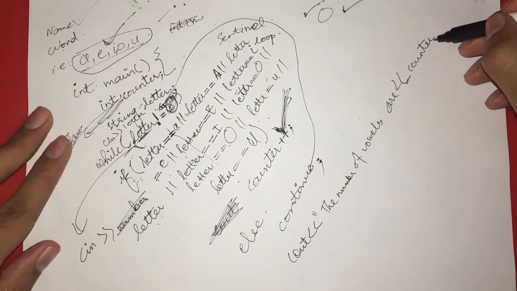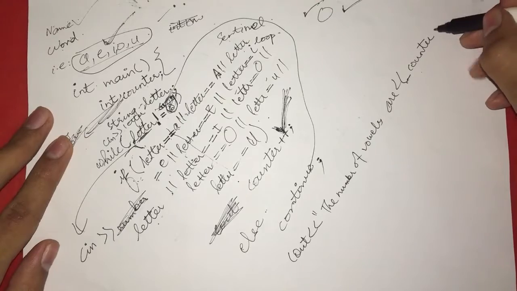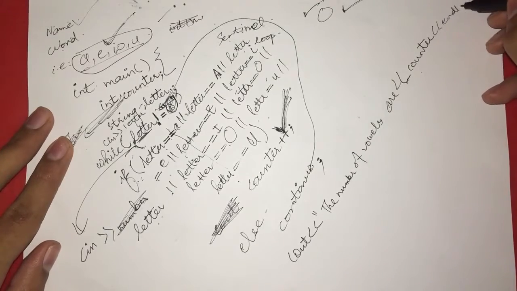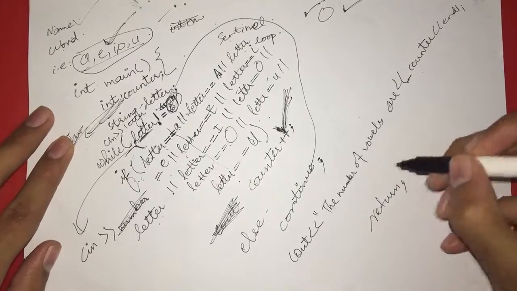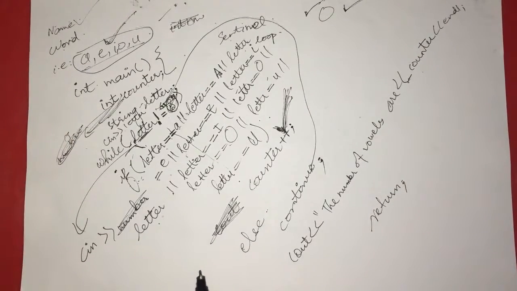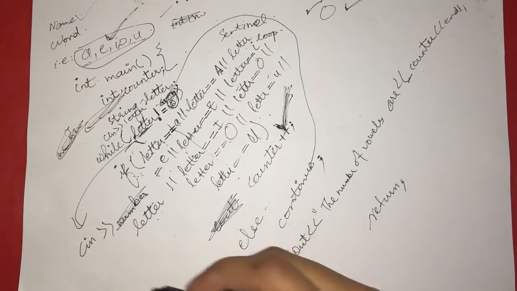That is why we output the counter, and then we endl, and then we return 0. So if you try this program, it will output the number of vowels you have entered, and this is how it's going to work.